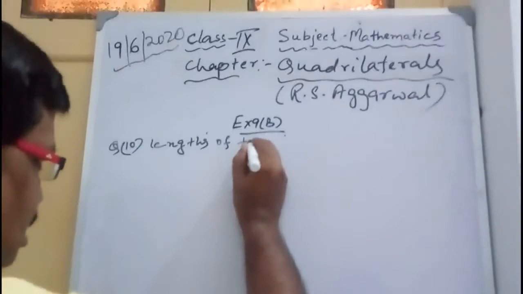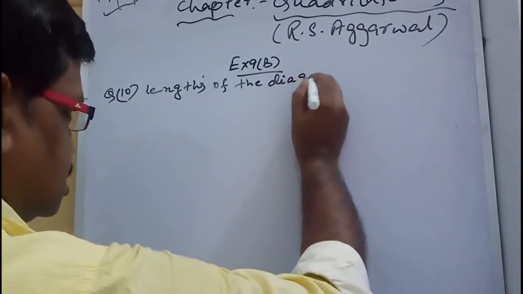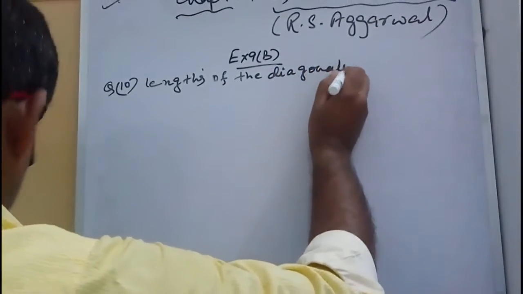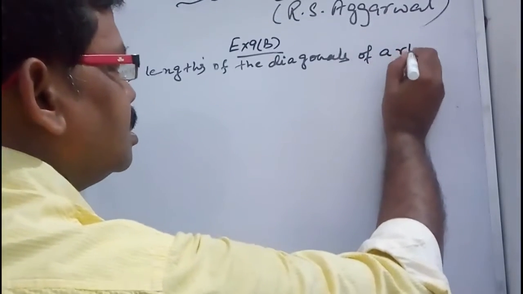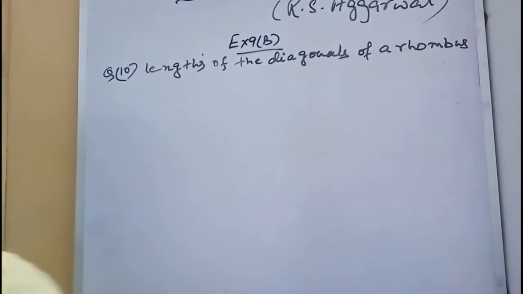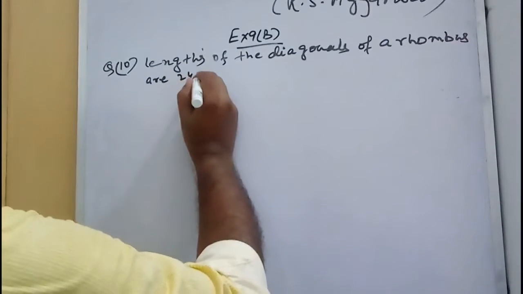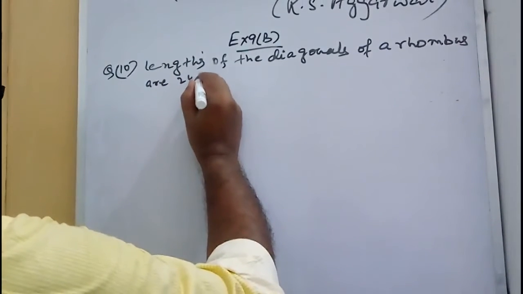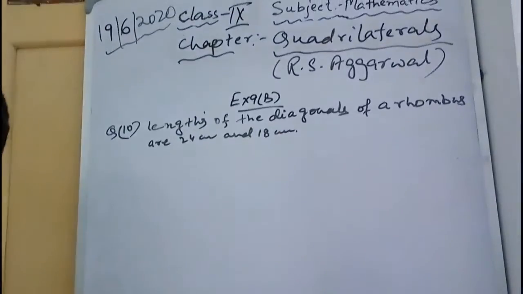Lengths of the diagonals of a rhombus are 24 centimeter and 18 centimeter.